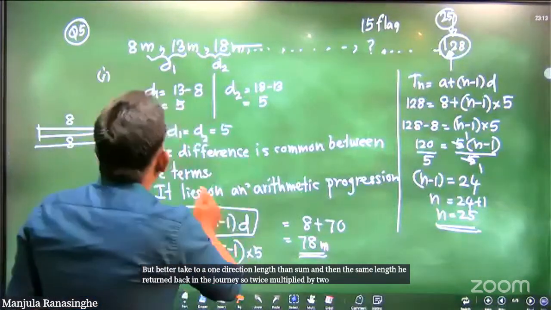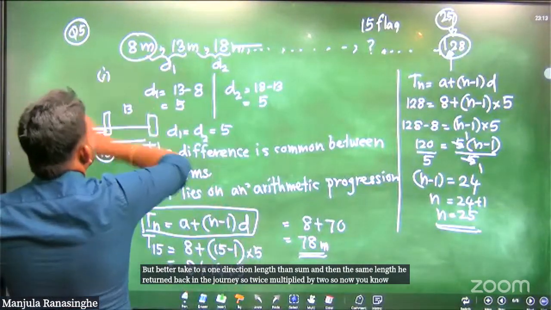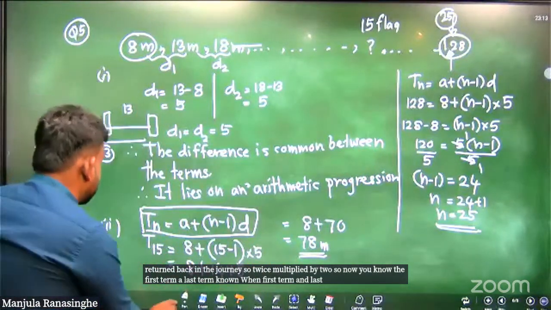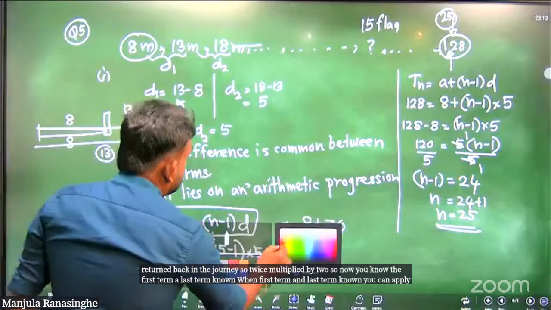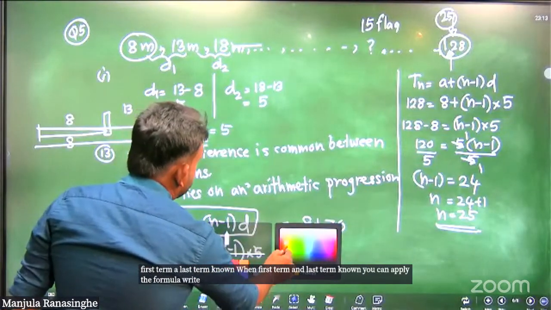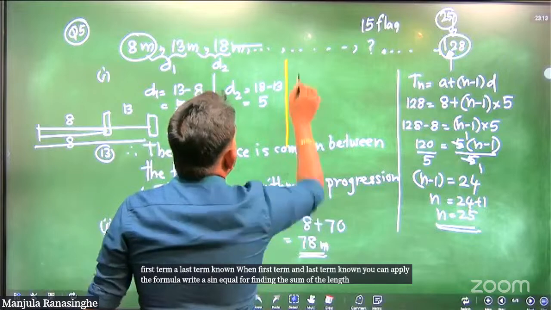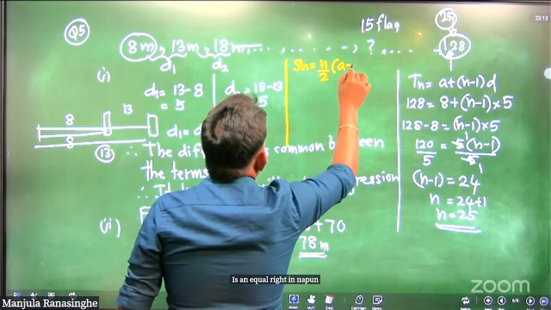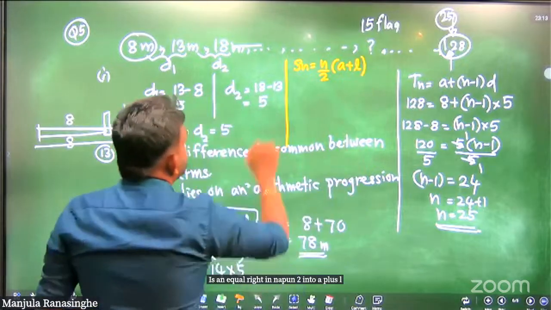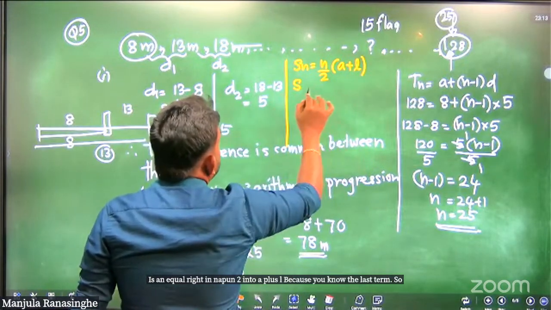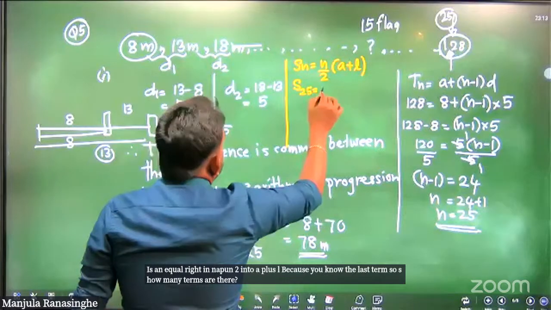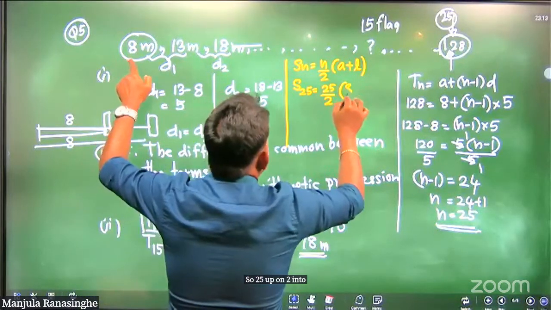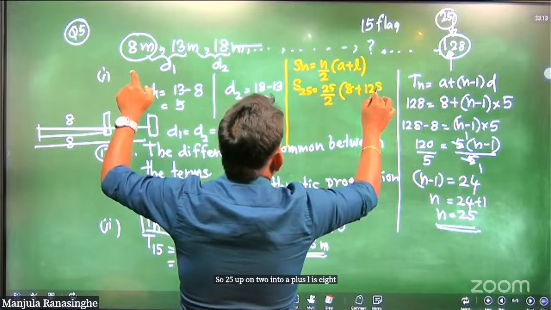So now you know the first term a and the last term L. When the first term and last term are known, you can apply the formula Sn equals n upon 2 into a plus L. How many terms are there? 25. So 25 upon 2 into a plus L, where a is 8 and L is 128.